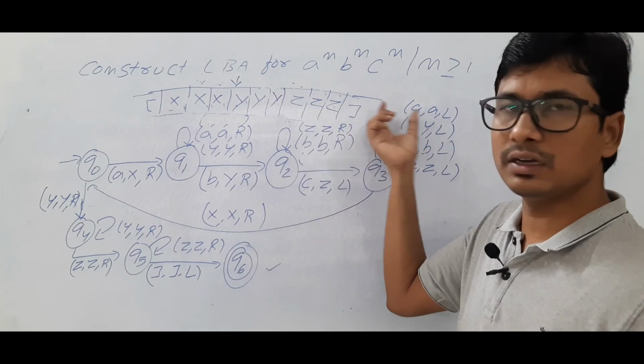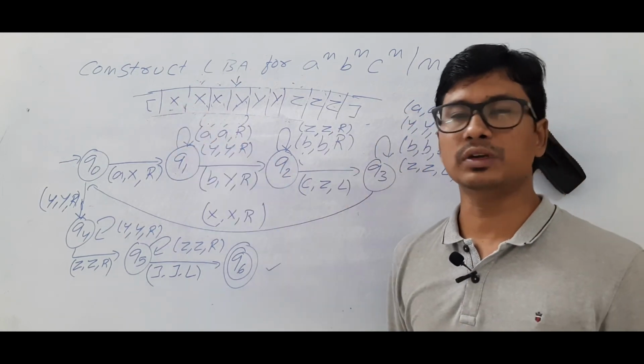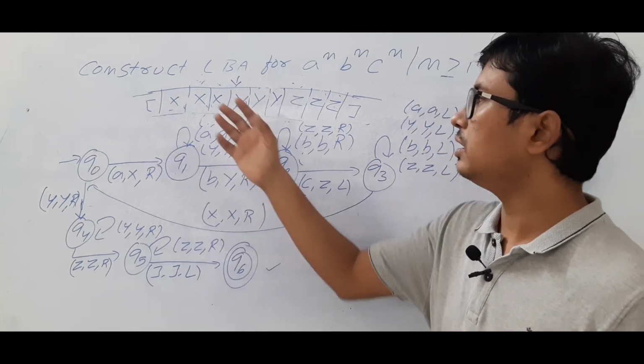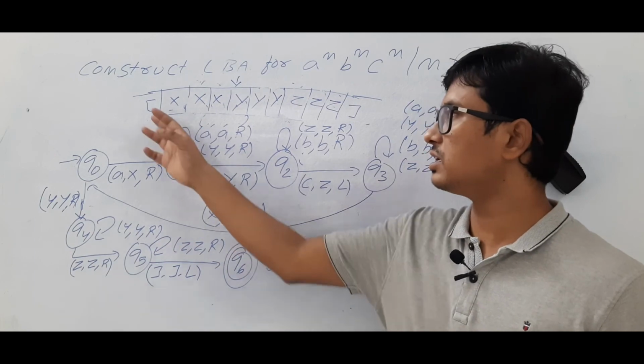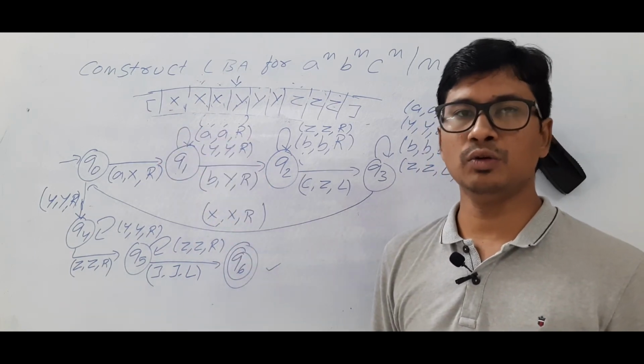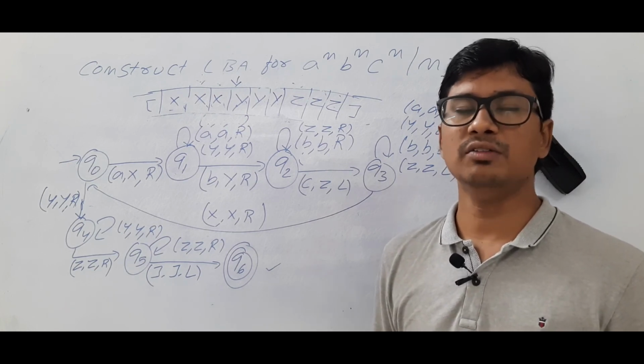Then what we have done, all the blank spaces we have stored as an output to the left hand side of the input. All these things are not possible using the linear bounded automata, because there is restriction on the tape size. Okay, so I hope you have understood how I constructed the linear bounded automata for this example.